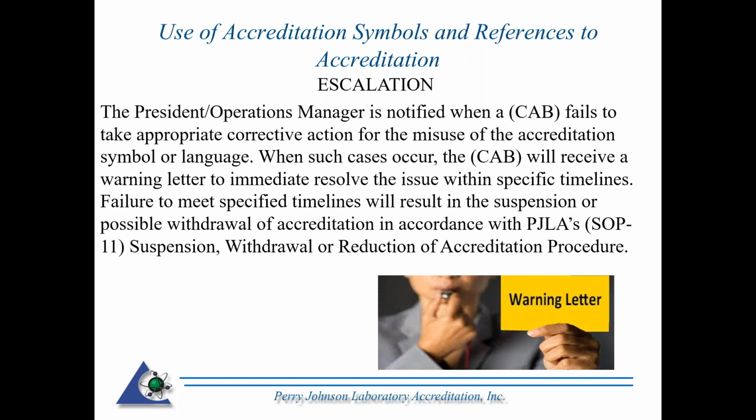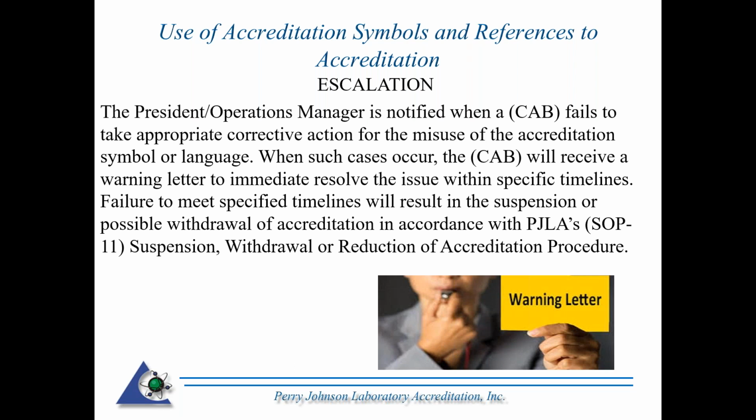We could send out a warning letter telling the organization to take appropriate corrective action, or of course during our annual reaccreditation or surveillance assessment, when we find violations. As you can see, they're handled just like any other non-conformance.